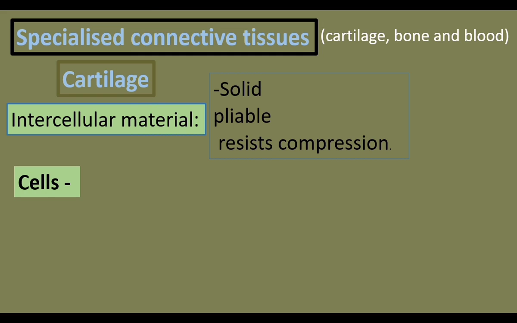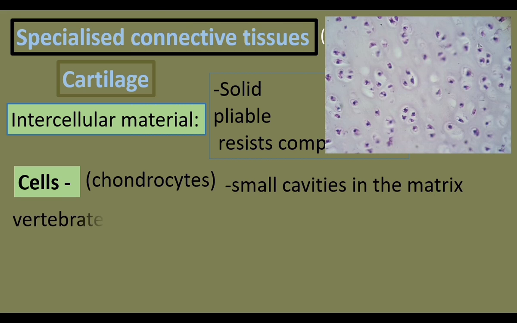The cells of the cartilage are called chondrocytes. Chondrocytes are the cartilage cells. These cells are found in the matrix. The matrix has small cavities.